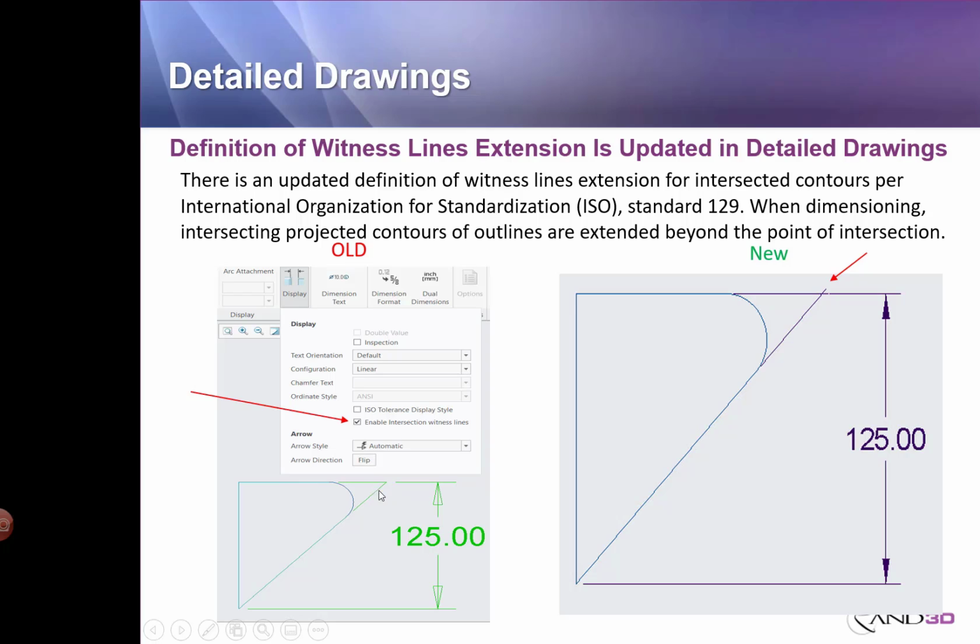In the old display, if you had enable witness lines or intersection witness lines turned on, it would just come to a point. In the new setup, those lines overlap one another just a little bit. The depth of that line can be controlled through settings in Creo if you really want to adjust that. But by default, there will be overlapping as opposed to just a dot that it connects with.